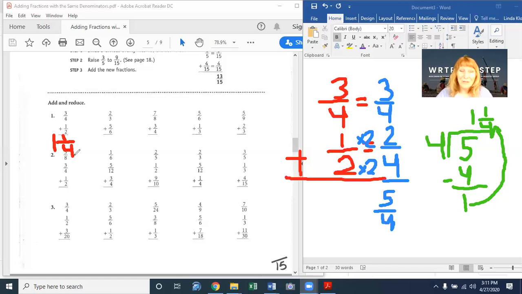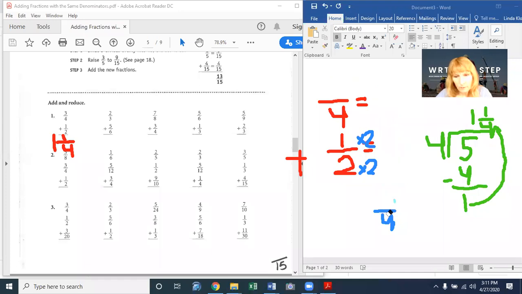Okay, so far so good. Let's try the next one right here, 5/9 plus 2/3. So I'm going to erase all of this so we have a little bit more room.